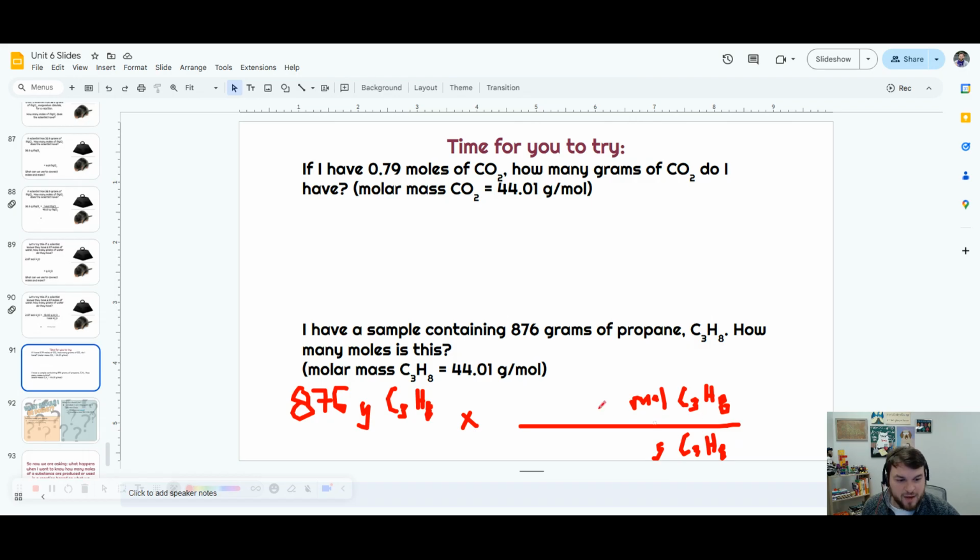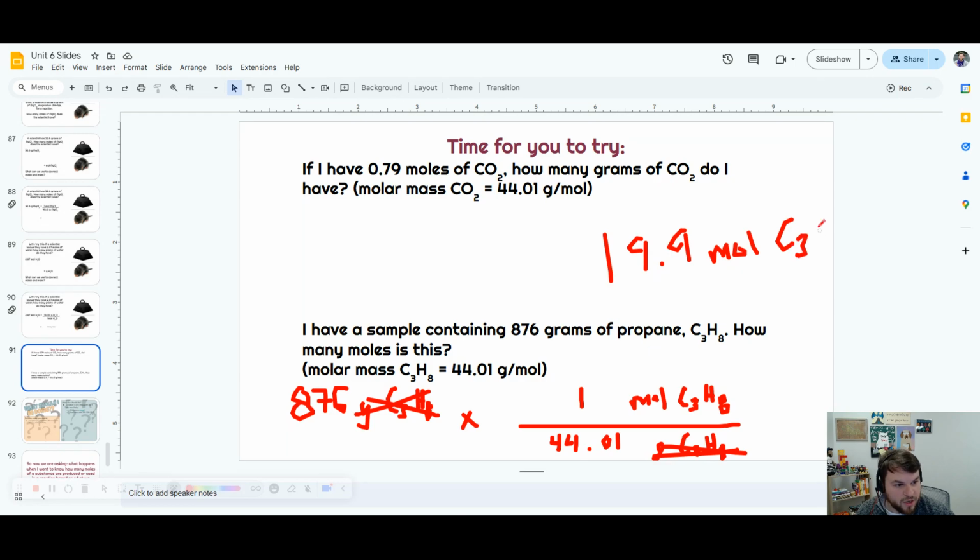When I multiply, I'm multiplying by 1 mole over 44.01 grams of C3H8, okay? I've done this again so that my units of grams of C3H8 will cancel out, and I'm simply left with a unit of moles of C3H8. So when I do 876 times 1 divided by 44.01, that gives me 19.9 moles of C3H8.